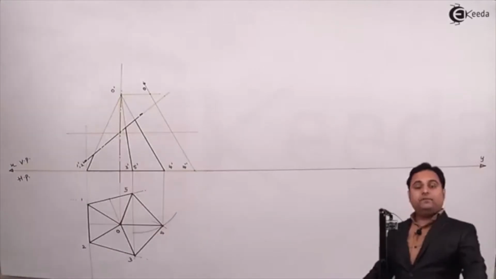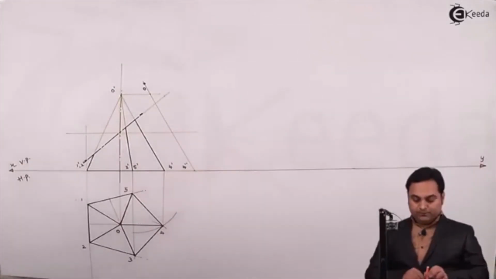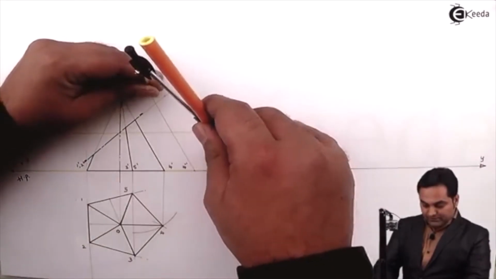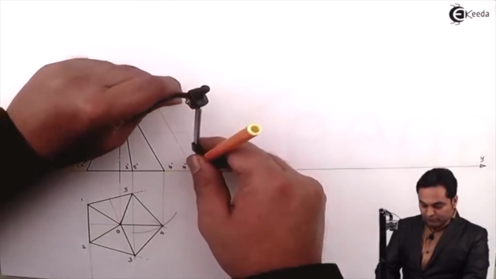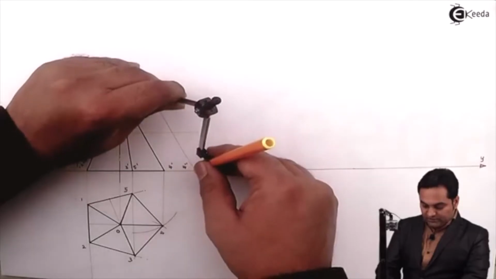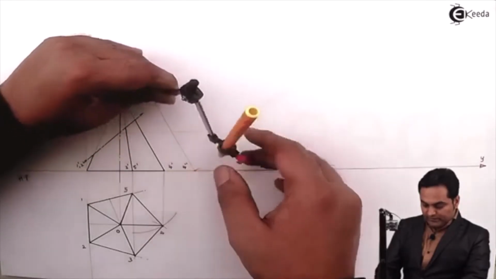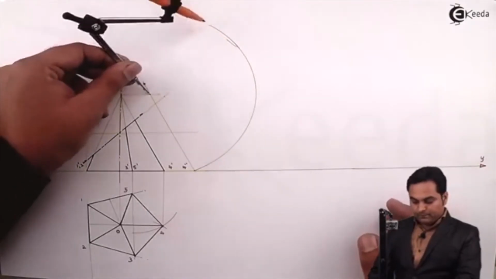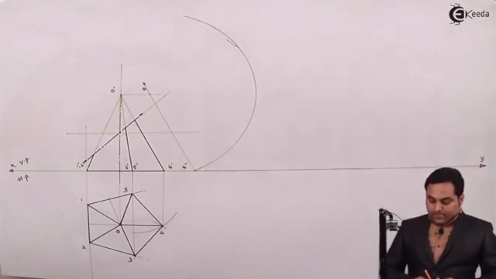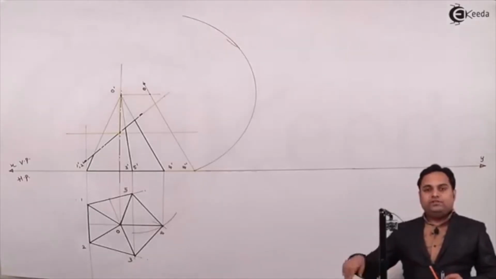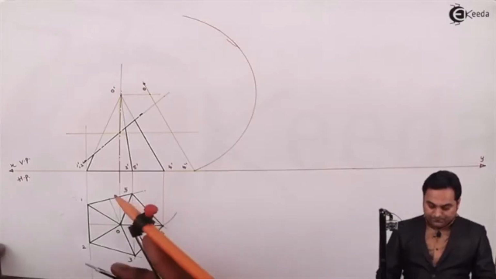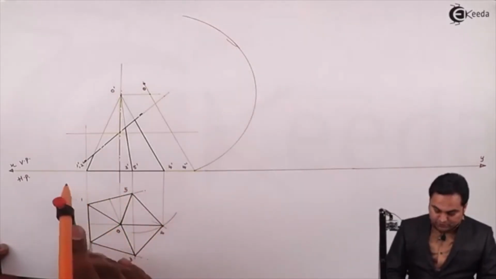Then for the pyramid this procedure we have to follow, and that is I'll have to measure the radius, which is O double dash to 4 double dash of the slant edge, and then draw a light arc. It means we are going to open this pyramid about the slant edge O double dash 4 double dash, and then I'll measure the distance of the base.